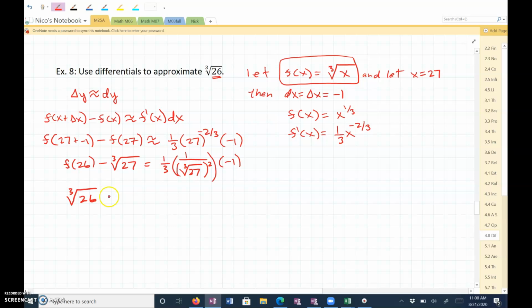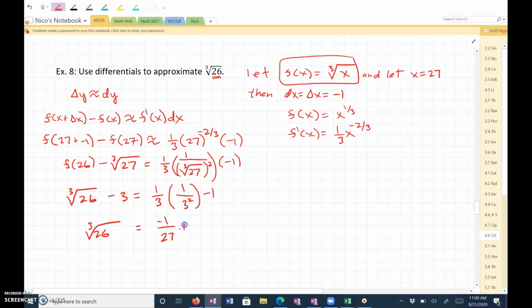The cube root of 27 is 3. This is going to be 1/3, 1 over the cube root of 27, which is 3. Then I have to square that. Minus 1. Let's see here. This is going to be 3 times 3 times 3, so this is going to be -1/27. The cube root of 26 minus 3 is approximately -1/27.